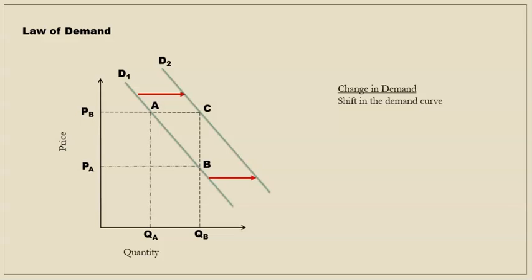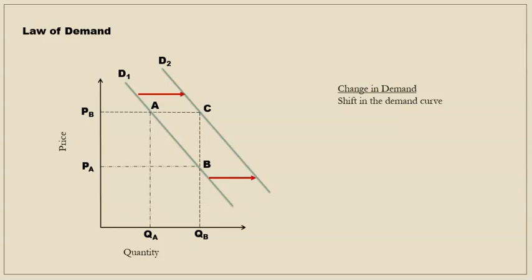So here you see various prices, various quantities, and these are going to increase as they go up or outward. As you can see by the arrows here, this is going outward from demand line 1 to demand line 2.